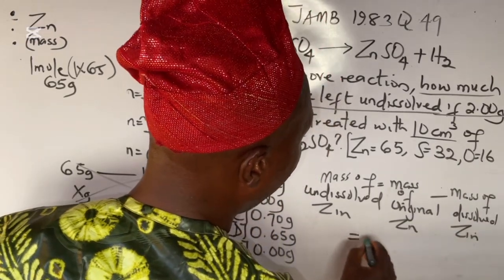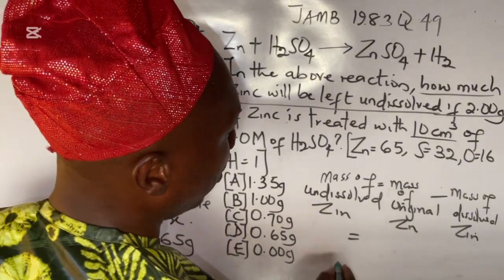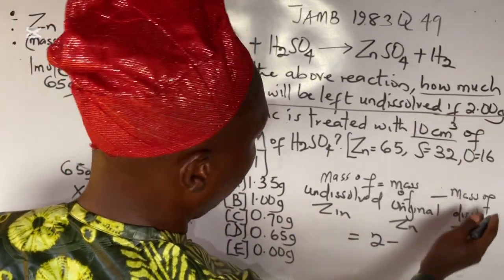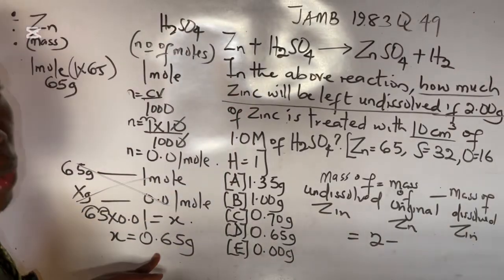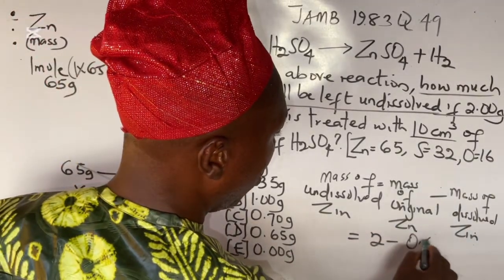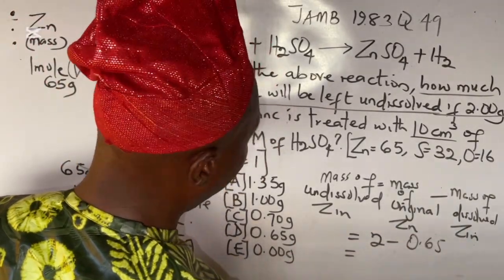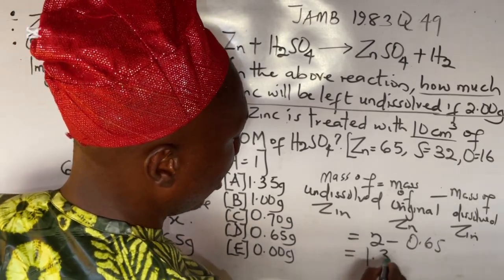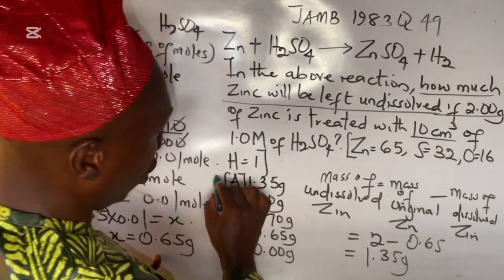So mass of the undissolved zinc will be mass of original, that is 2. Mass of dissolved zinc is what we have calculated in the question, that's 0.65. So when we subtract very well, we have 1.35 grams. That is option A.